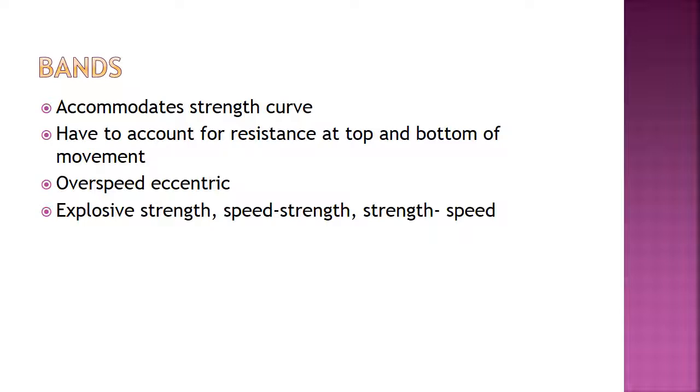So for instance, with explosive strength, obviously this is going to be your lightest resistance. You're typically going to load the barbell only to about 25 to 30% of your 1 rep max. That's the barbell free weight, and then load it with 30 to 40% of band tension to do explosive strength.